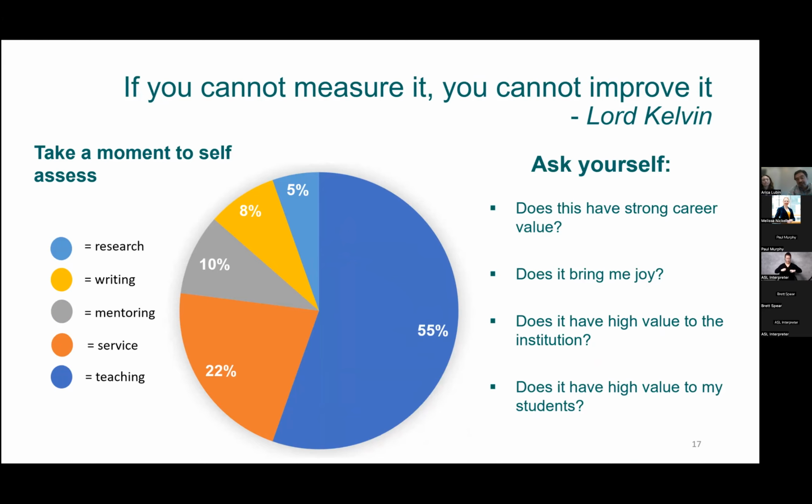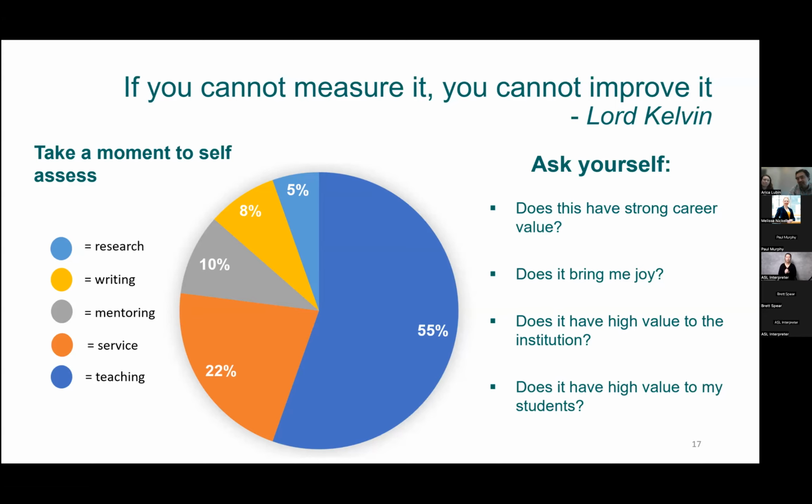I'm giving you an example of what that might look like, in categories of things that go into my daily life: research, writing, mentoring, service, teaching, and roughly estimating over a 3-month time frame how much time I spend at each of those activities. If we all do this, what we realize very quickly is that our pie chart doesn't match very well with what we want for our own career or how we want to be a mentor.